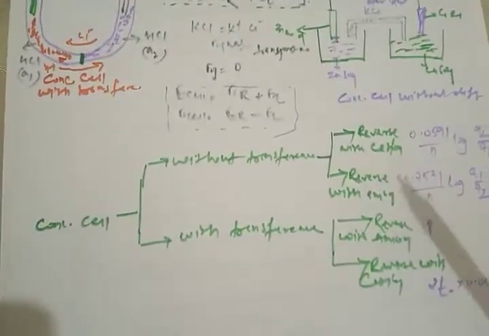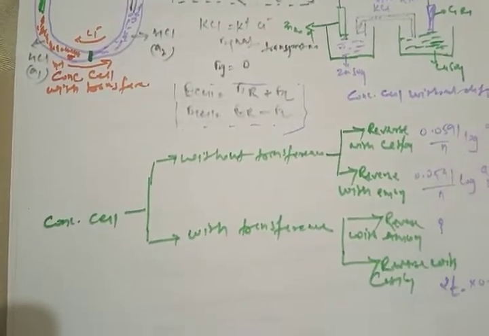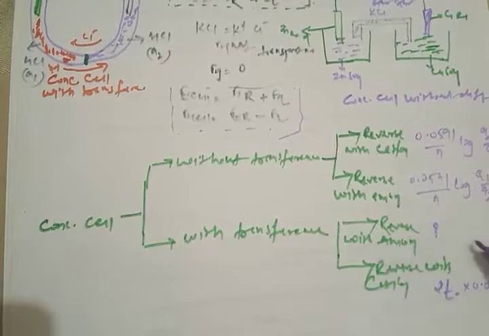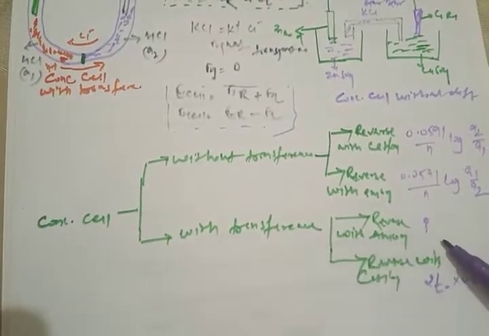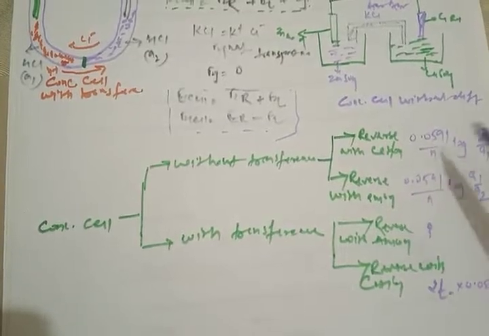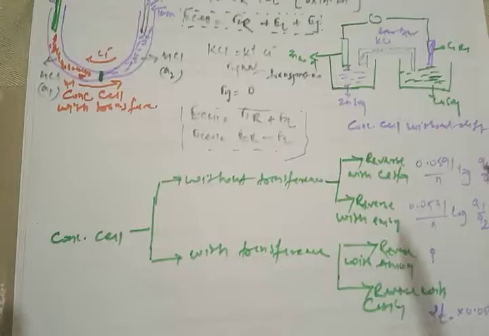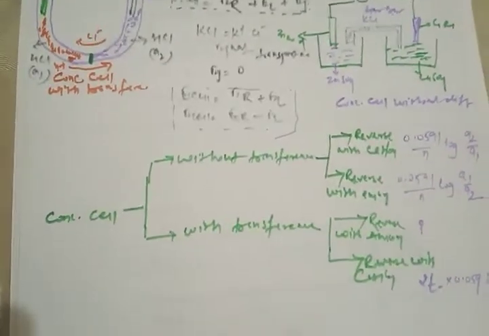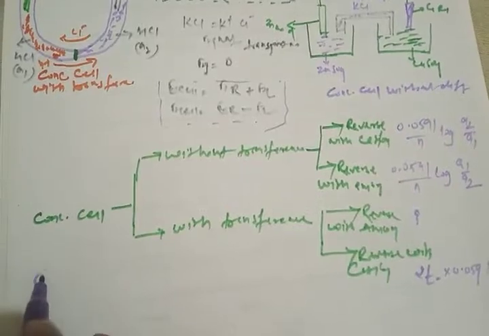We can take without transference cation and with transference cation, because we have the values of these two. We could also go for without transference anion and with transference anion, but we have the equation for these two, so we will go in this way. Got it?